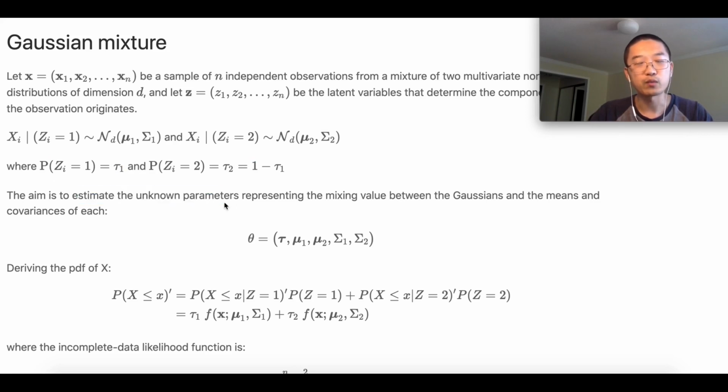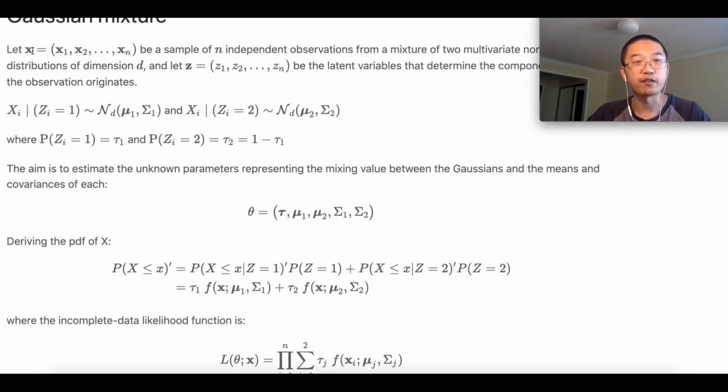And the parameters we are trying to estimate from the given data are this vector. First we need to estimate tau 1 and tau 2, and mu 1, mu 2, sigma 1 and sigma 2. This is what we need to find. This is the final estimation we need to find.